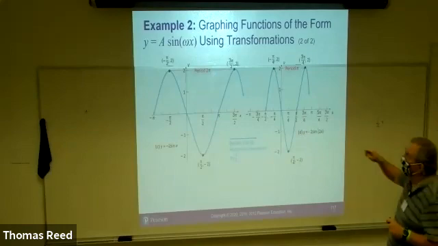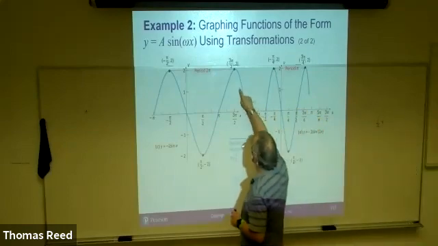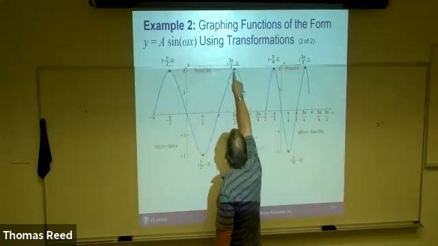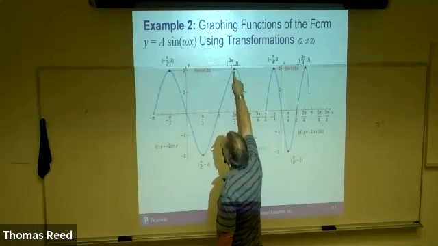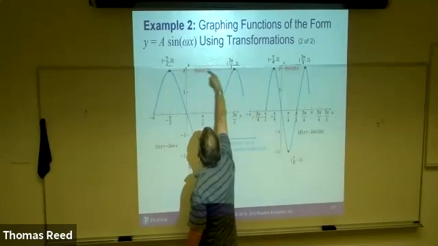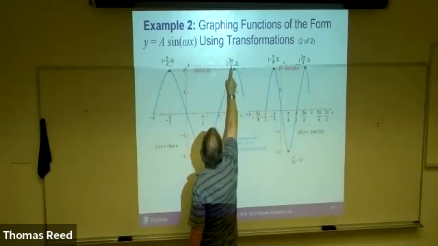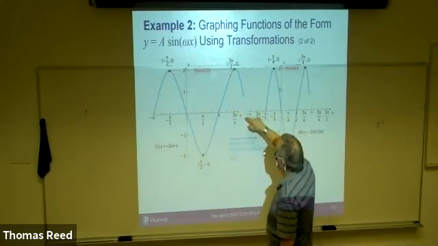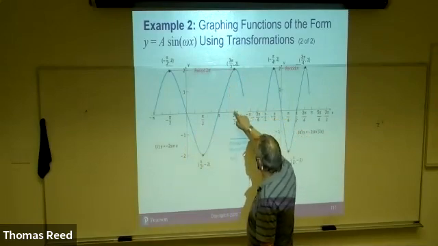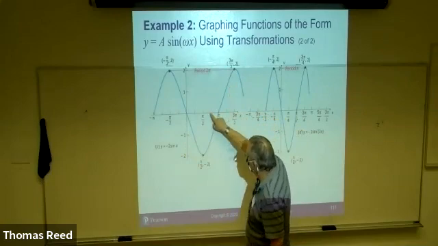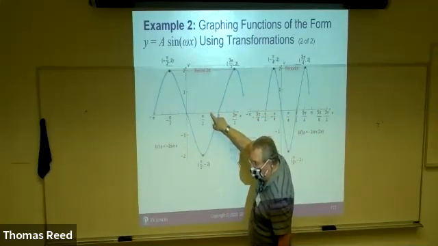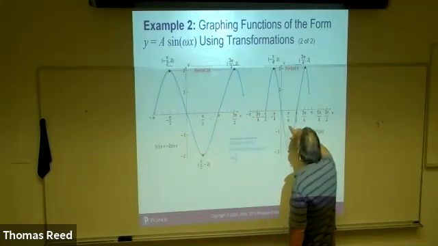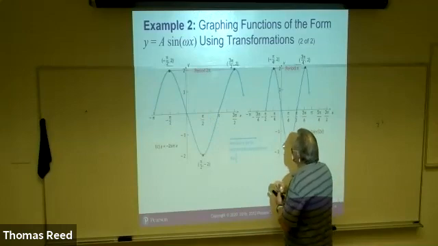So where the y value remained the same, 3 pi over 2 gets moved this way by multiplying this by 1/2. So instead of being out here at 3/2 pi, now it's going to be at 3/4 pi. Right.